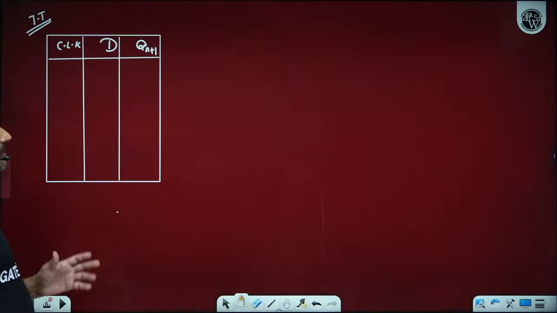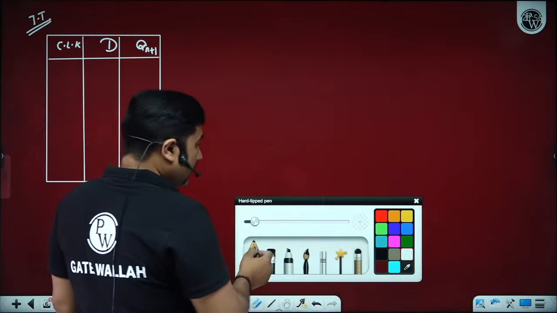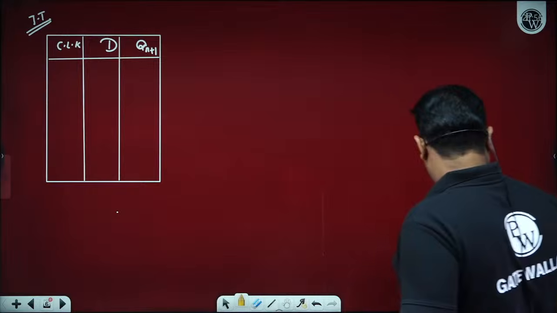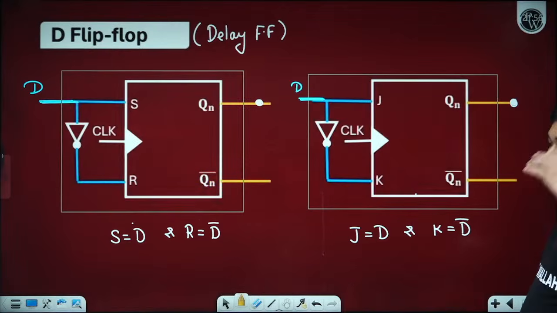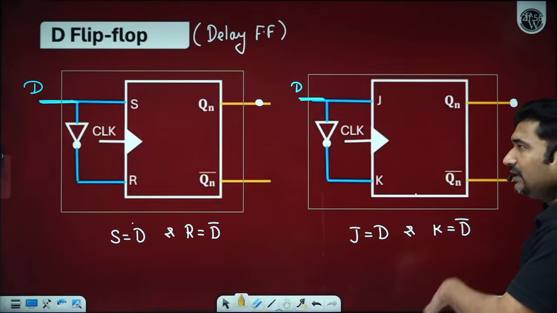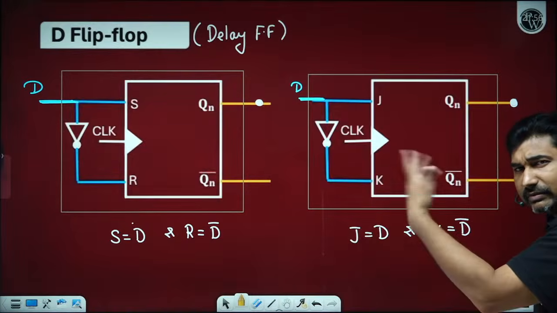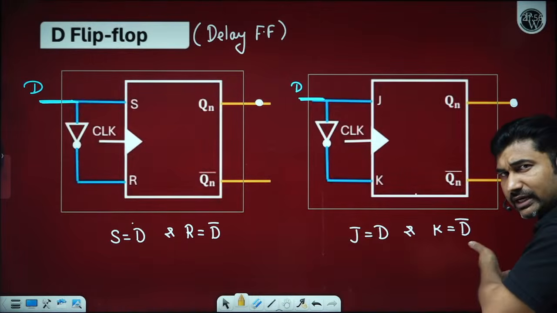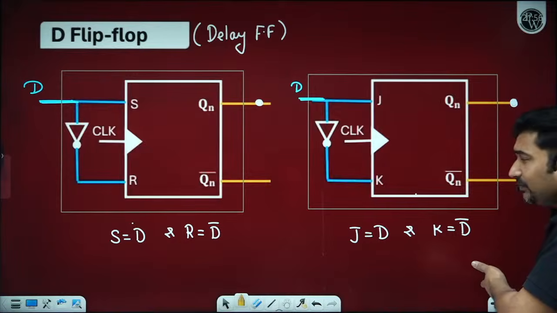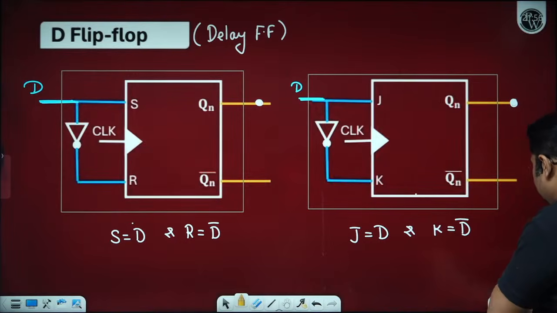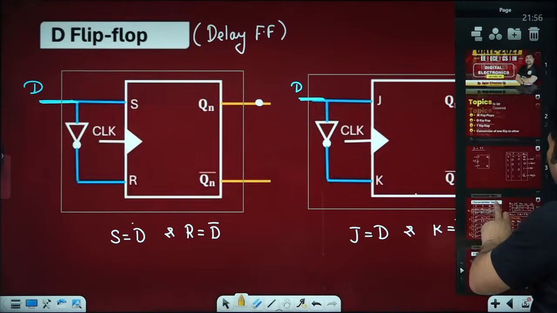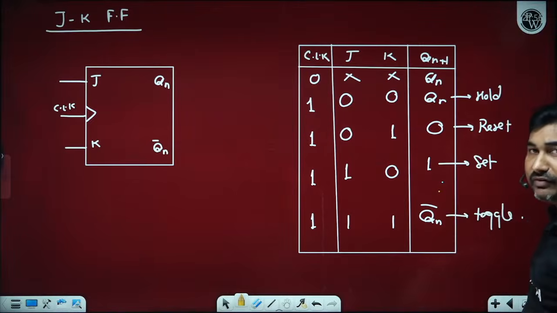Now please observe, in order to fill this, I am using the truth table of the JK flip-flop. If you know JK, you remember SR as well. Only the 1-1 condition will give invalid, the last one. Otherwise the rest remains the same.